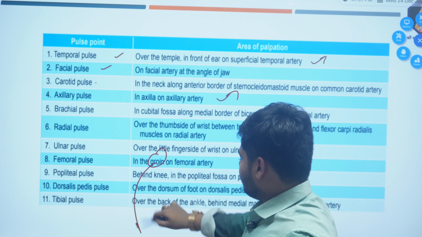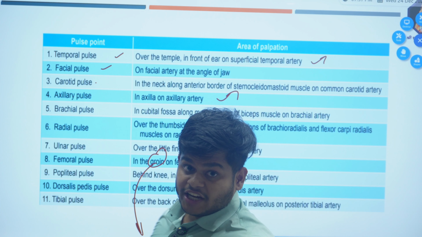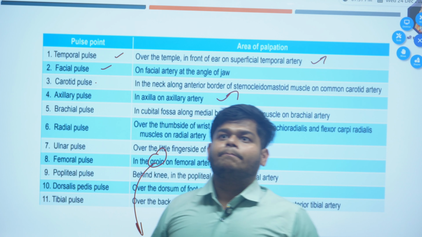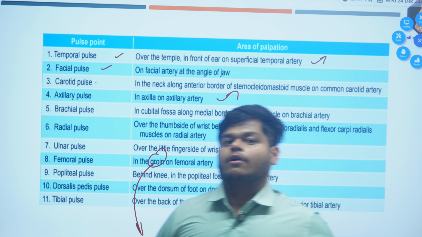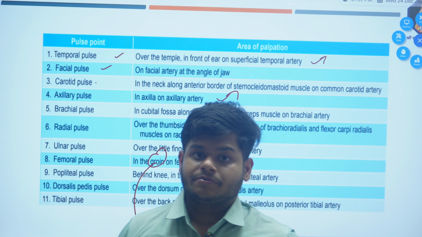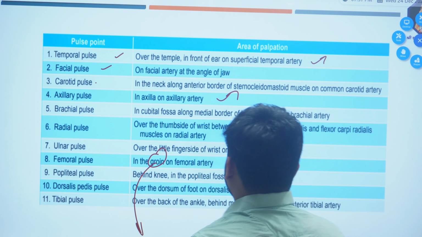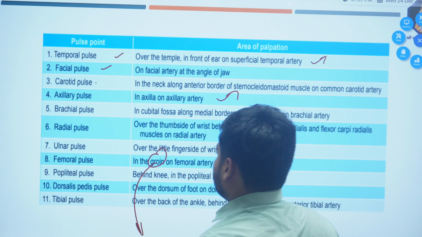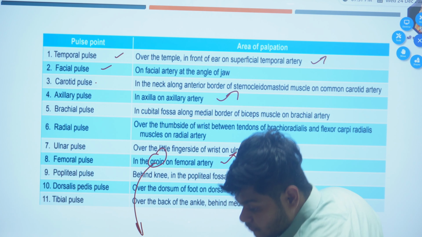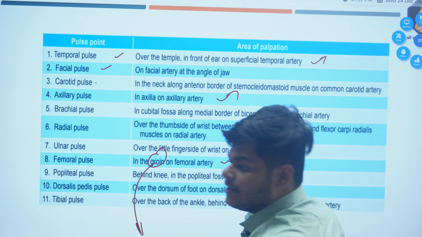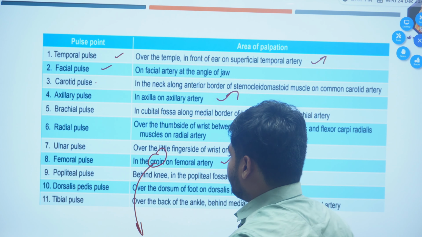Now groin is a new term. Groin means, you can Google it, a part where your trunk and your two limbs meet; that point is called the groin. There also we can check the femoral pulse. Popliteal pulse at the knee, that is the fossa, as here is the cubital fossa, at the knee there is the popliteal fossa.